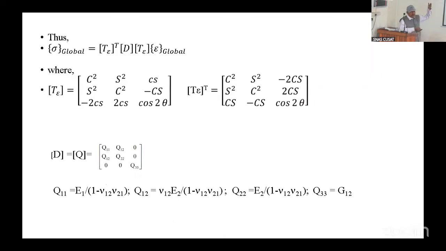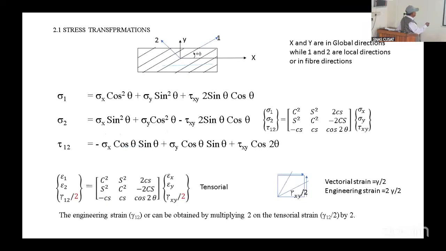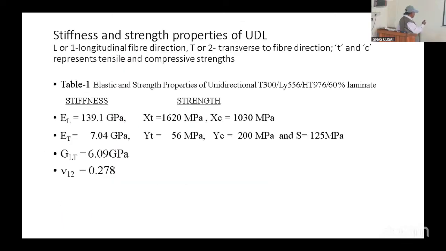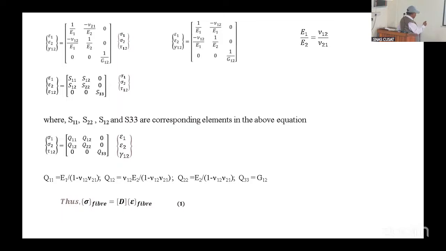It will not stick in your mind, but when you see it with the result, you can definitely understand. So this is what we want, and this D we will replace with Q. And this Q of D we have already put in the previous slide. This is what Q comes as.